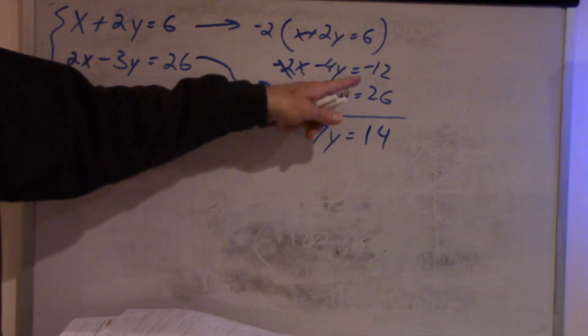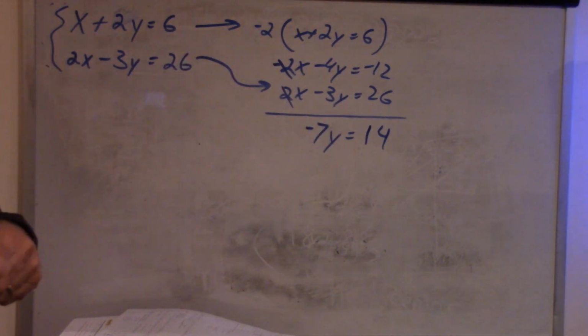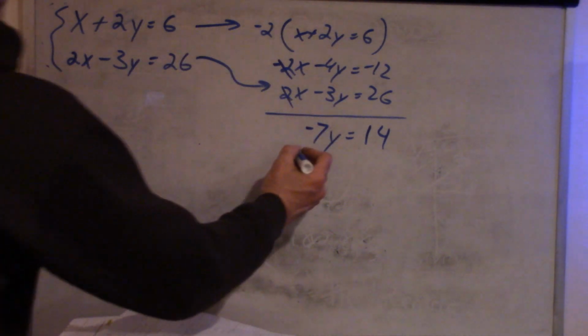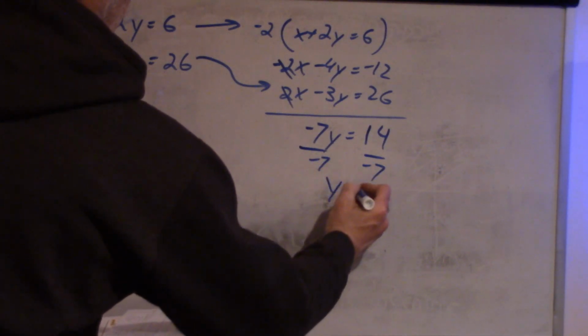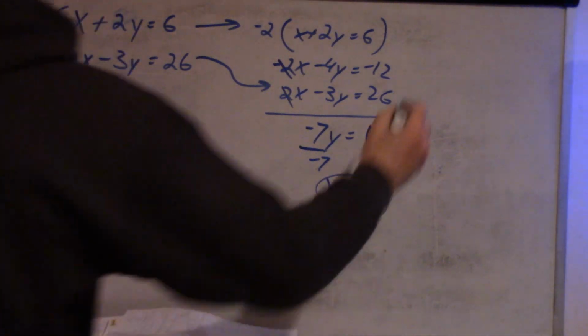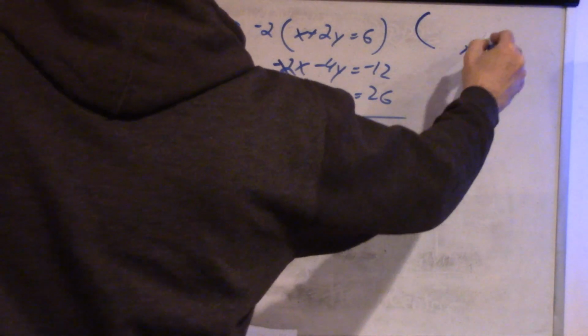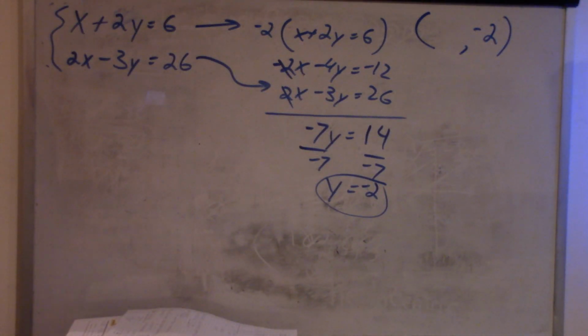The larger absolute value is 26, it's positive, so your answer is positive. Now we divide both sides by -7, and we get that y equals -2. So I'm just going to put that up here, -2, that's y.